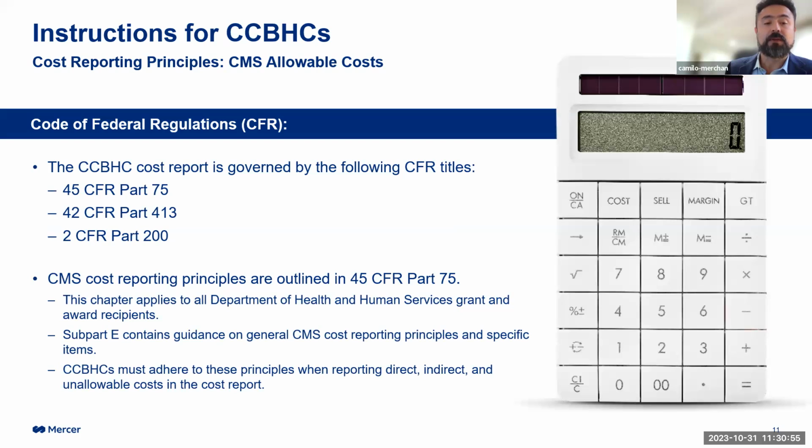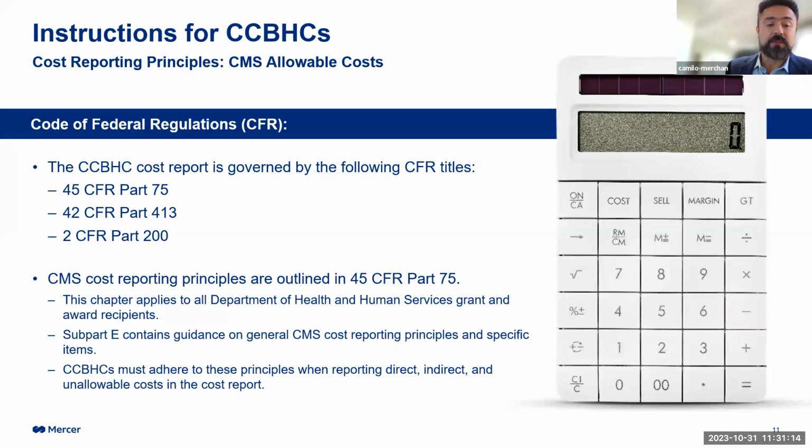The Code of Federal Regulations governs basically the reporting principles, specifically 45 CFR Part 75, 42 CFR Part 413, and 2 CFR Part 200.